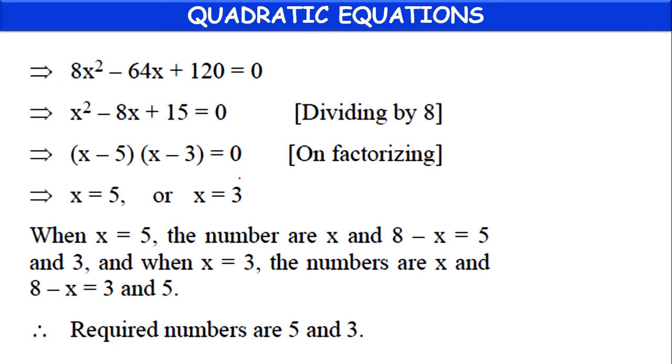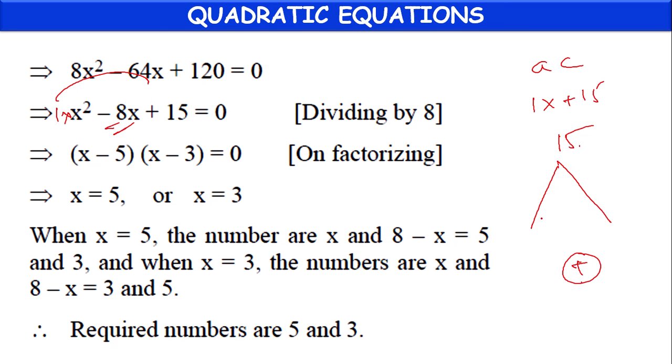Now, if you do factorization, AC value is 1 into plus 15, which is 15. We split it into two terms whose sum should be the middle number, minus 8. We can take 3 5 times 15, but we need minus 8, so minus 3 and minus 5: minus into minus is plus, and 3 into 5 is 15.